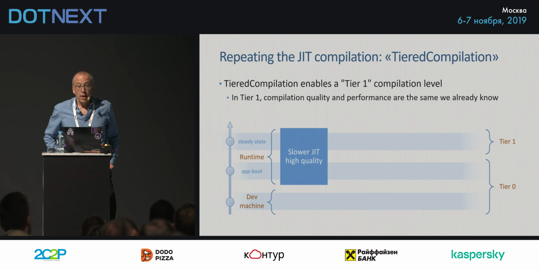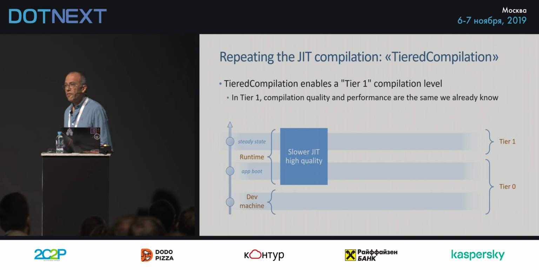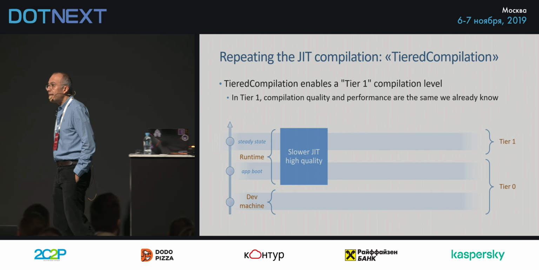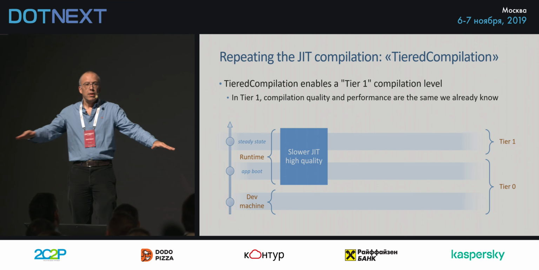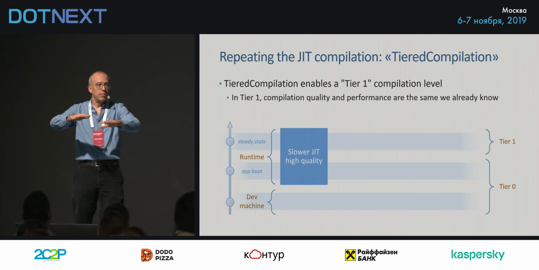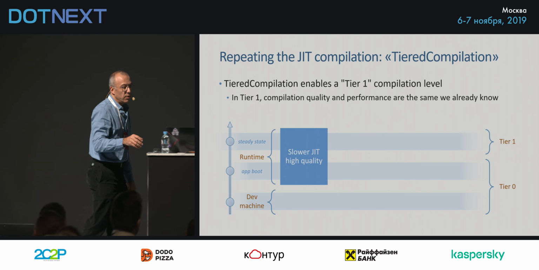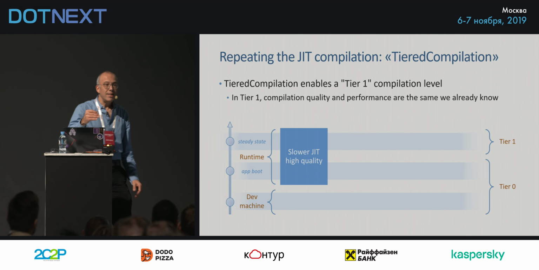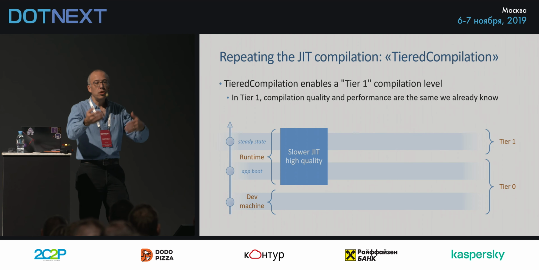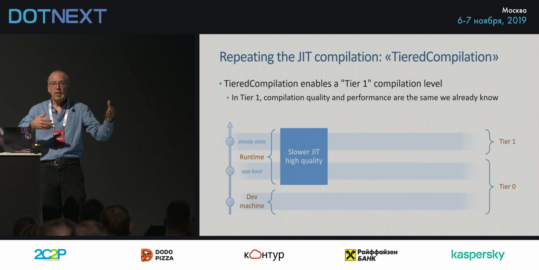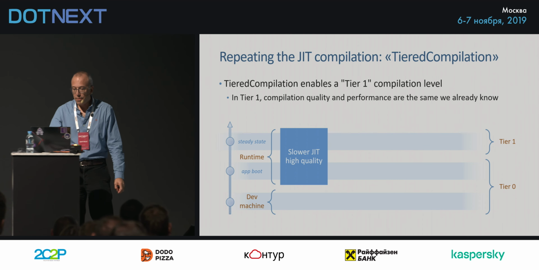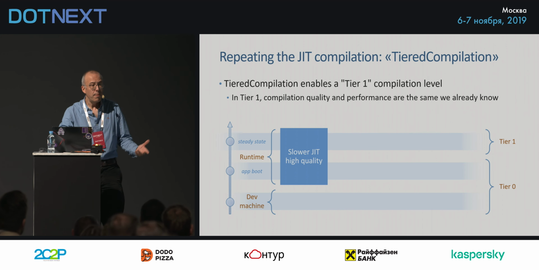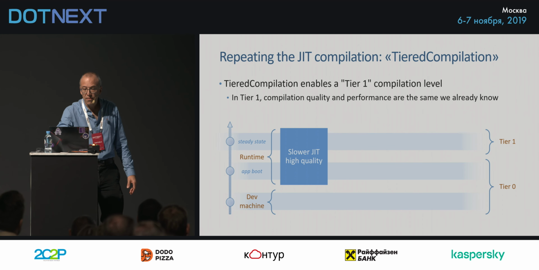So when Microsoft started with .NET Core 3, they said, let's split the compilation into two tiers. The first tier happens at application boot time, and the other at steady state. So once the application is ready to go, most of the things have already been done. And depending on the case, different things happen.